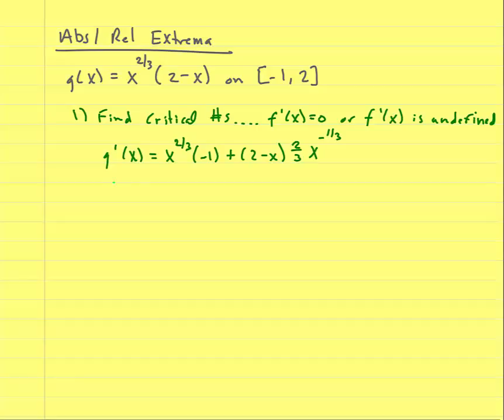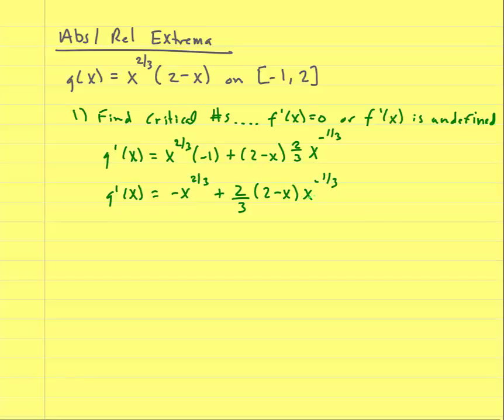So I can't really do much with this right now. Remember, I can't just set it equal to 0. I need to simplify it a bit first. So I have -x to the 2/3 plus 2/3 times 2 minus x times x to the -1/3.